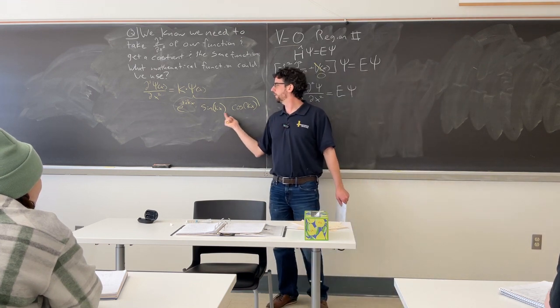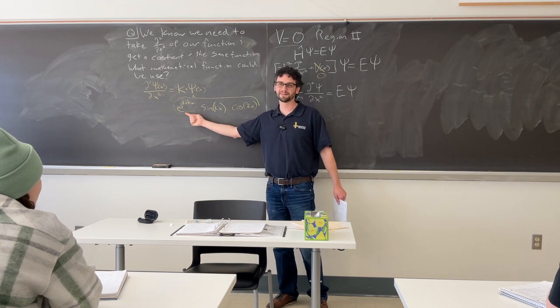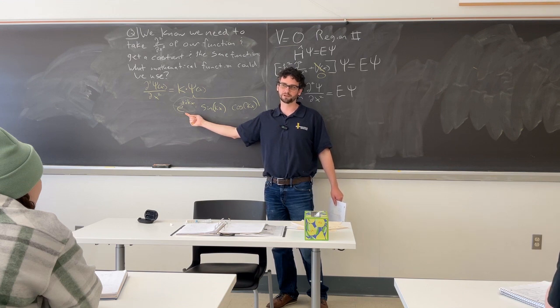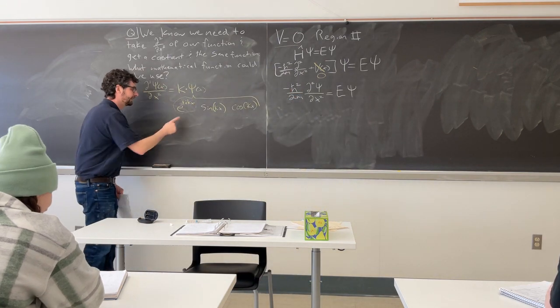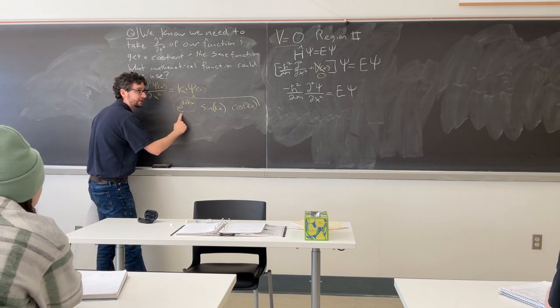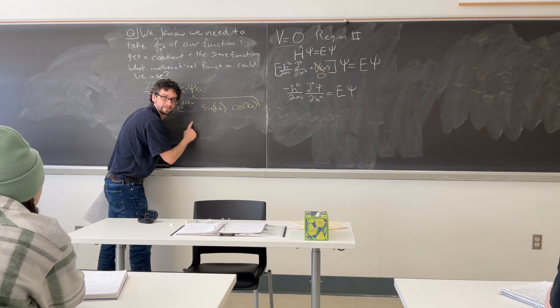What do you know about the relationship between these two things and e to the whatever? Or have you ever talked about, I think it's Euler's relationship? Maybe not. This is actually made up of a combination of these two guys and vice versa.